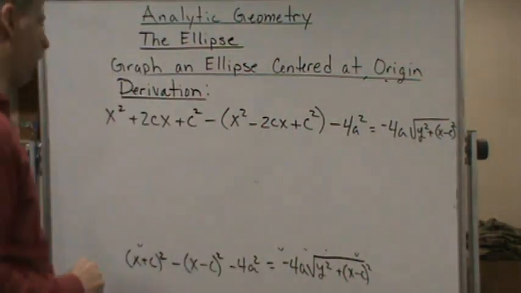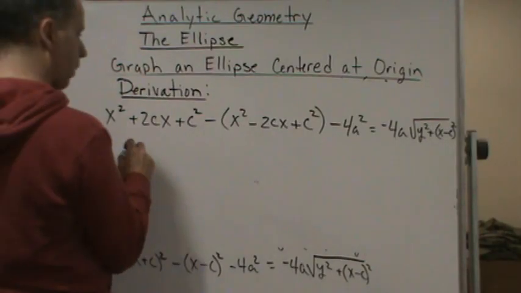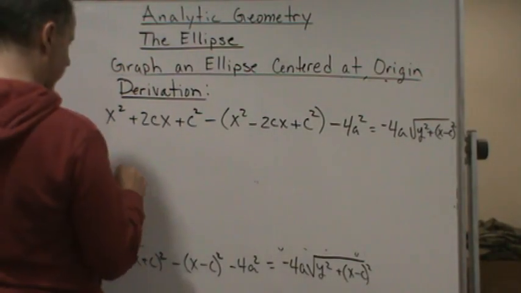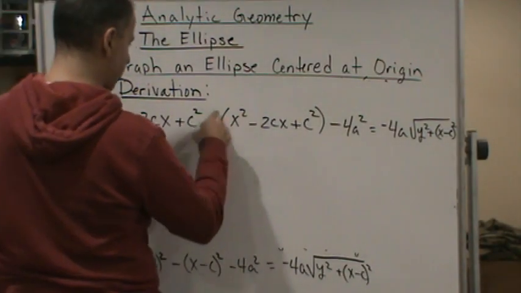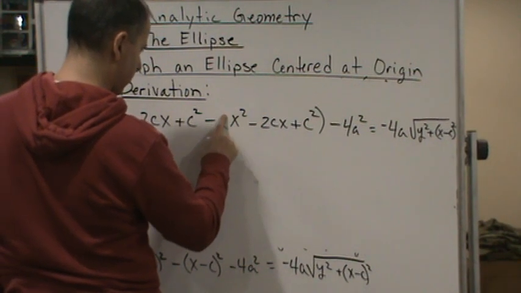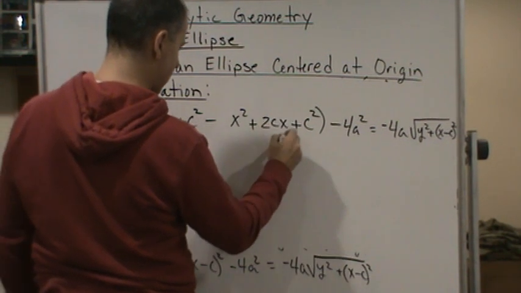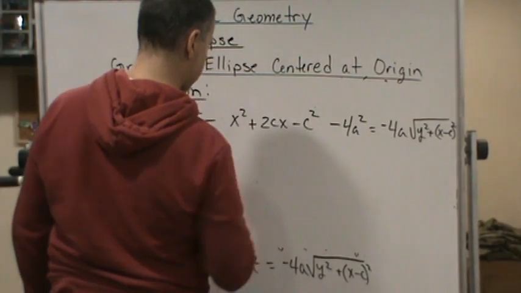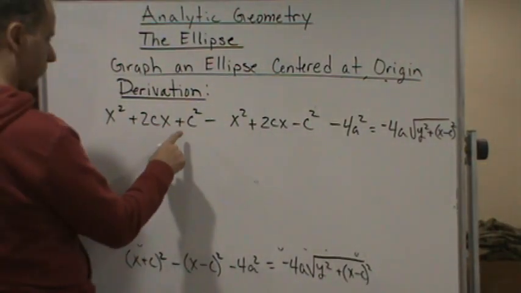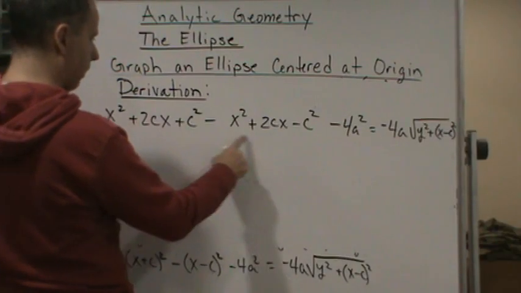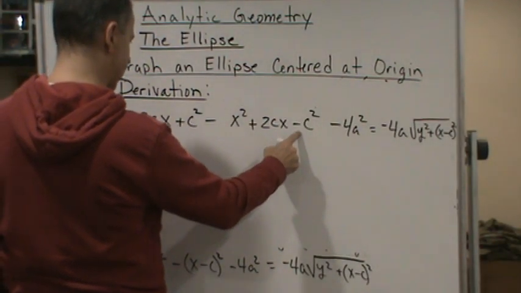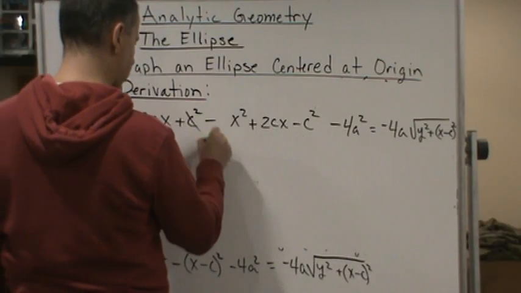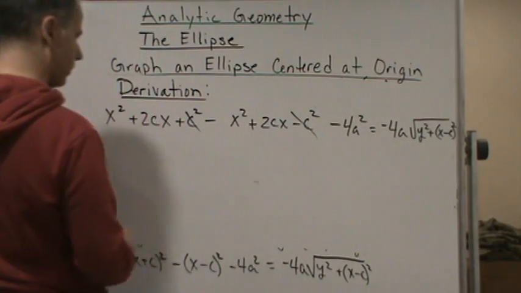All right, so now here we go. I'm going to start writing smaller. Let me just distribute the negatives here. So this is going to be negative, this is going to be positive, this is going to be negative. All right, so that's what we have here. We've got a plus c squared here and a minus c squared here, so those are going to cancel, right?